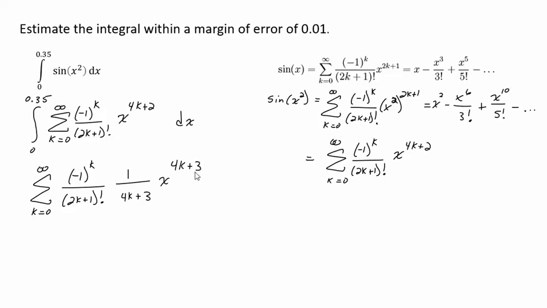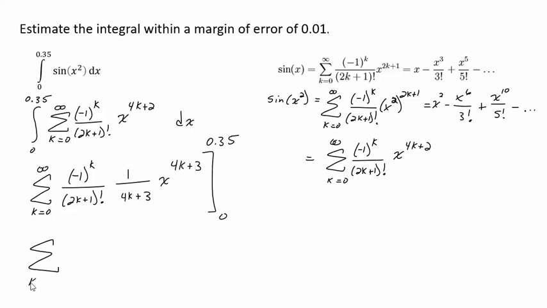All right, so now we're doing a definite integral. We're evaluating that from 0 to 0.35. So let's write it out like this. All right, so just like any other integral result, this is just a polynomial. Keep thinking of this as a polynomial. We're going to take our upper bound and substitute that in for x, and then take our lower bound and substitute that in for x and subtract them.